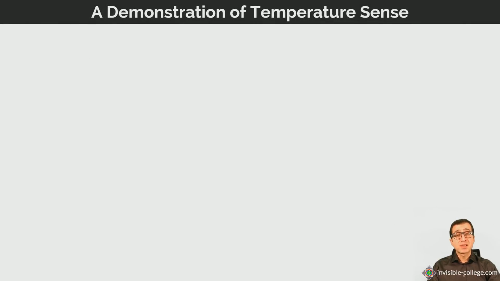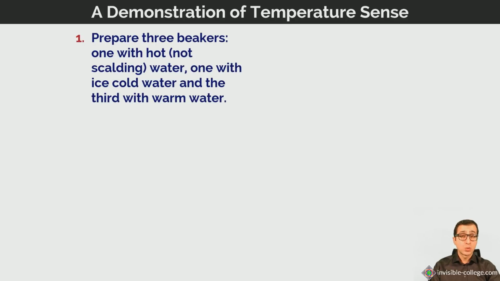So we can demonstrate the idea of temperature sensation with a very simple demonstration, which perhaps you have either taken part in yourself in the school science laboratory or have seen demonstrated. So we prepare 3 beakers, one with relatively hot but not scalding water, one with ice cold water, and one with room temperature or lukewarm water.